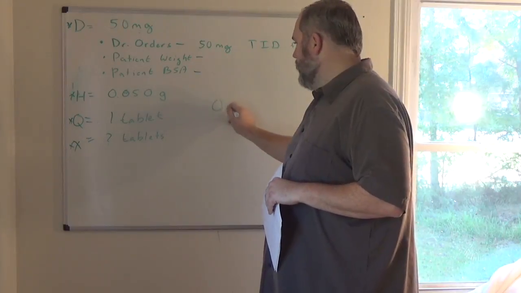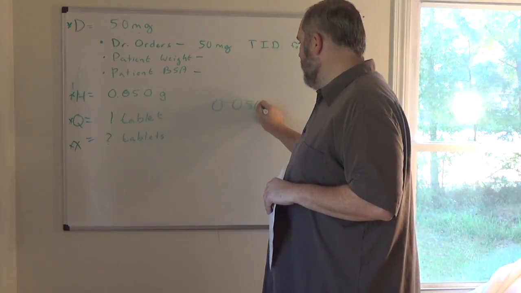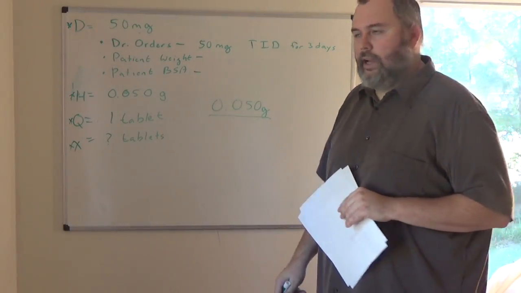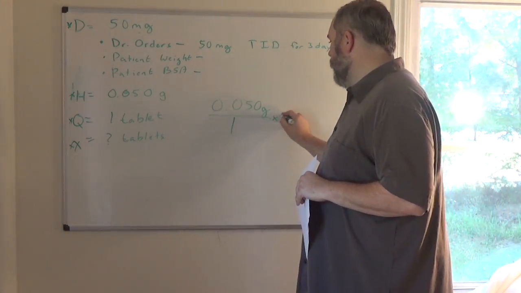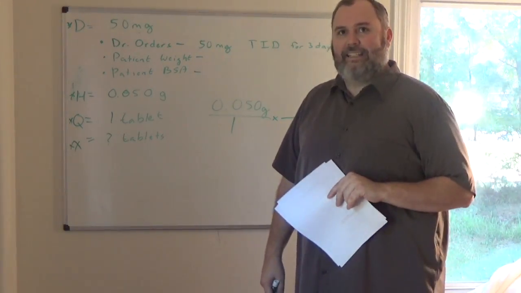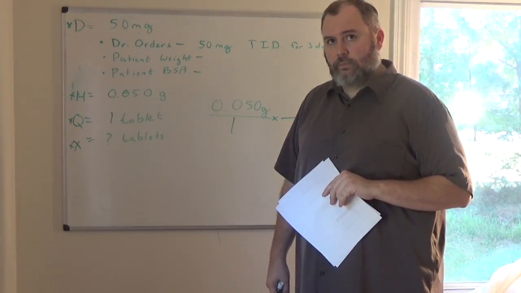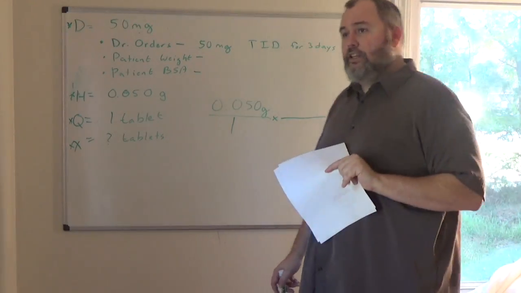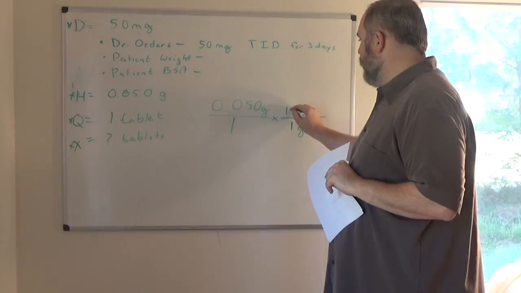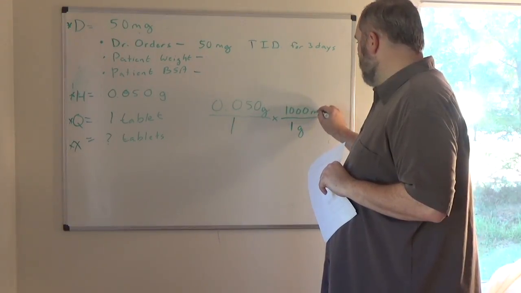I know this, that I'm going to start with 0.05 grams and I'm going to put a 1 under it, and I am going to multiply that by a conversion factor. You find it. I'll wait. Hopefully you found this, that 1 gram is 1,000 milligrams.